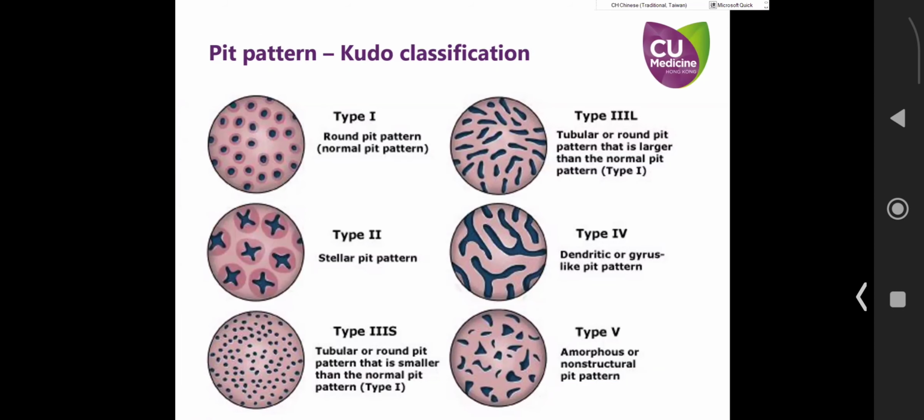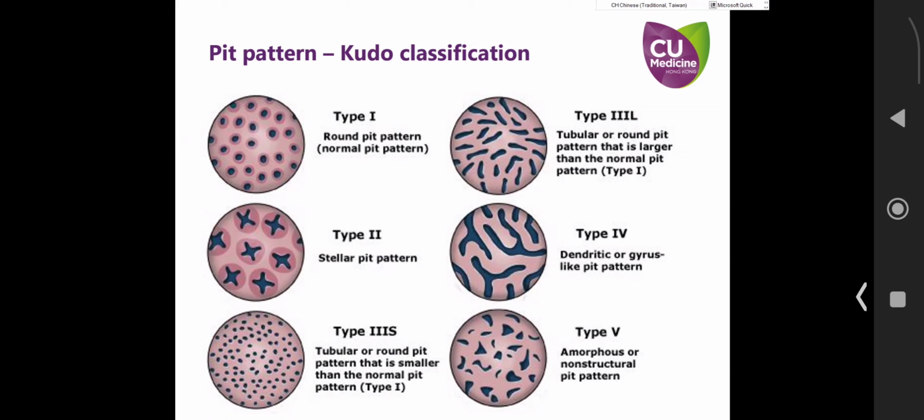Professor Kudo also proposed this Kudo classification. I think this will typically be applied for chromoendoscopy right after the JNET classification. So this will actually highlight the surface pattern in a much clearer manner.